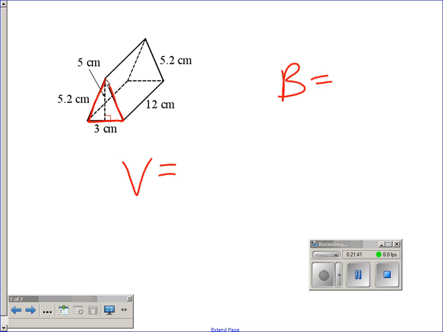I would agree with 3. We have to do half of 3 times what, class? 5. So 3 times 5 is 15, so we have to do half of 15.